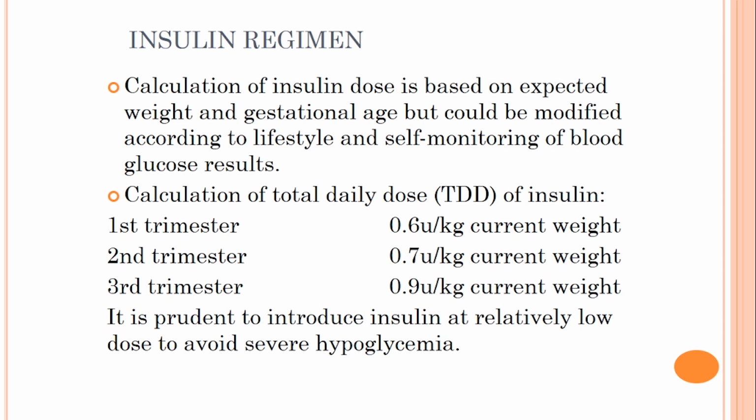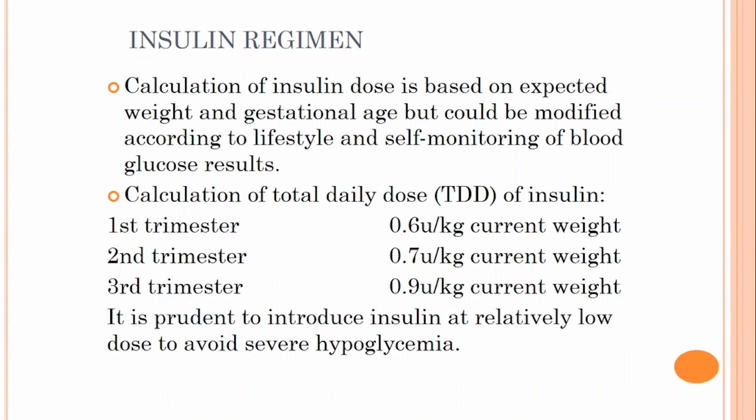Insulin regimen and dose. How do you know the appropriate dose to give? Calculation of insulin dose is based on expected weight and gestational age, but it could be modified according to lifestyle and self-monitoring of blood glucose. Generally, there is a formula based on the trimester in question. In the first trimester, insulin requirement is usually 0.6 international units per kilogram of the current body weight.